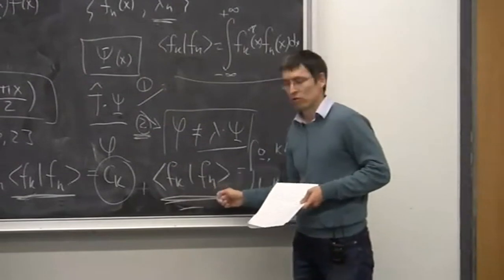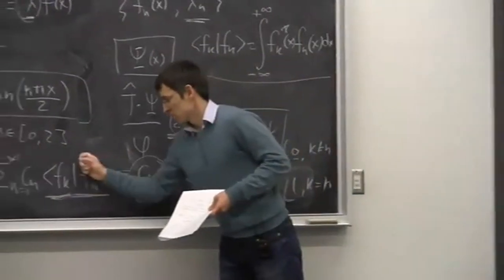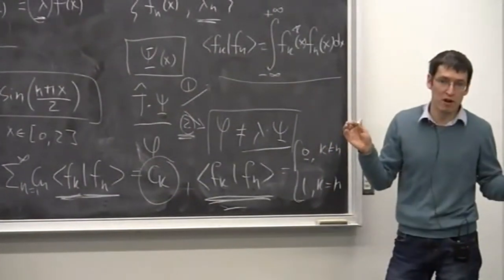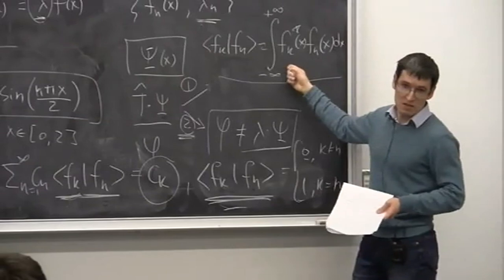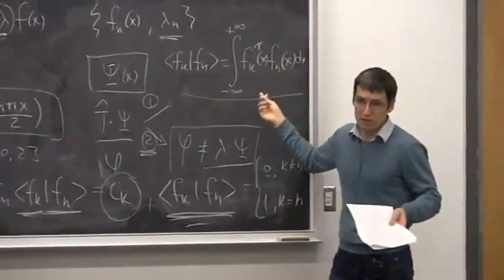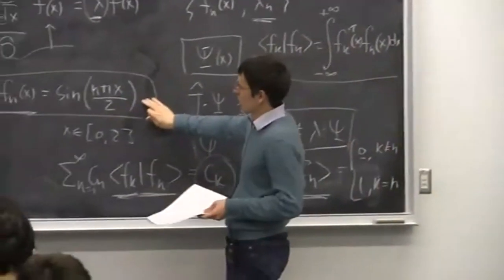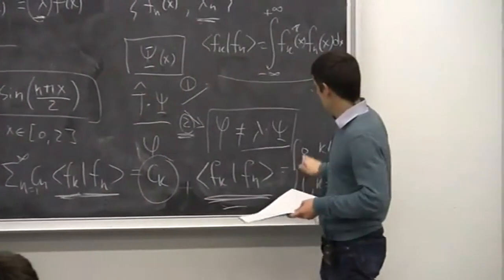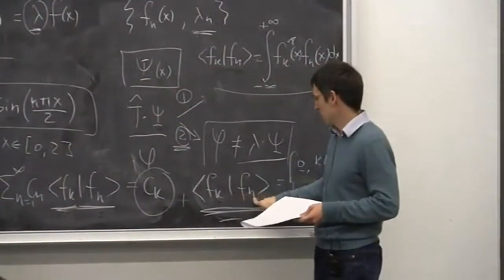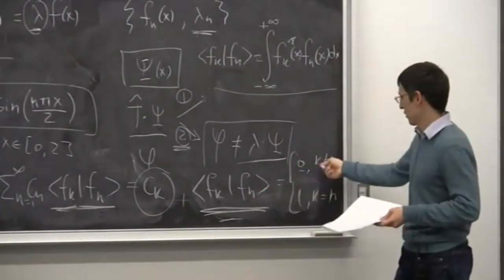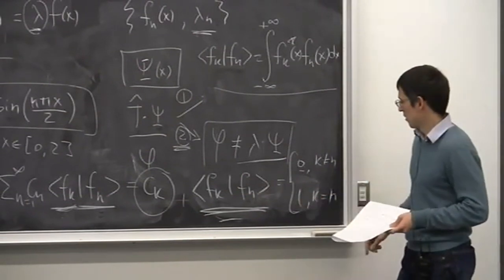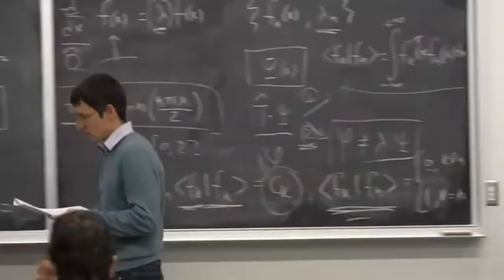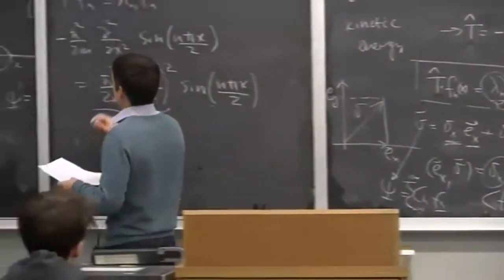Because if functions are not orthonormal, these products are not going to be just 0 and 1, they can be anything potentially. If you have two random functions and you take the integral like this, the integral can be anything, right? So let's make sure that these functions are indeed orthonormal, that these integrals are indeed 0 when k is not equal to n, and 1 when k equals n. Okay, so we check that the functions are orthonormal.